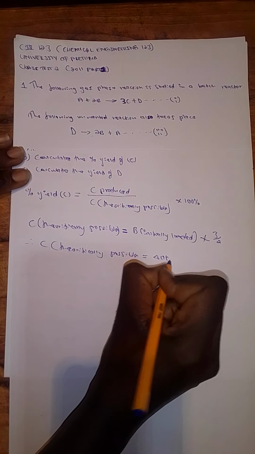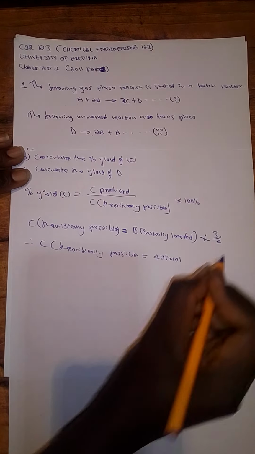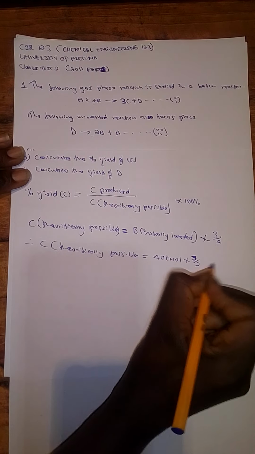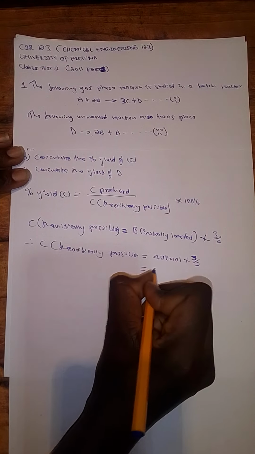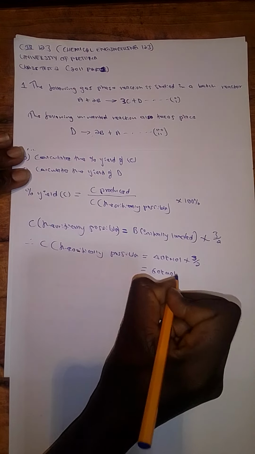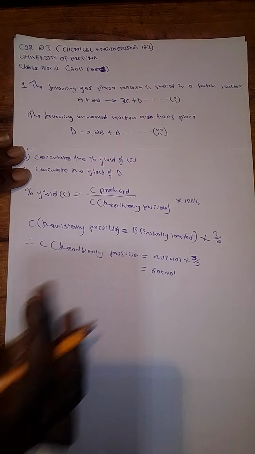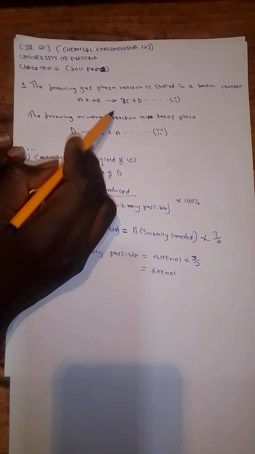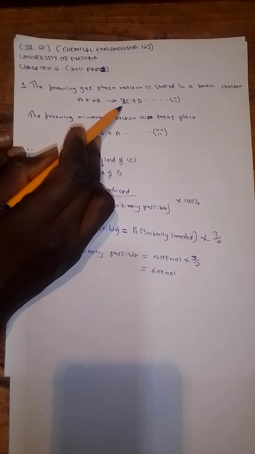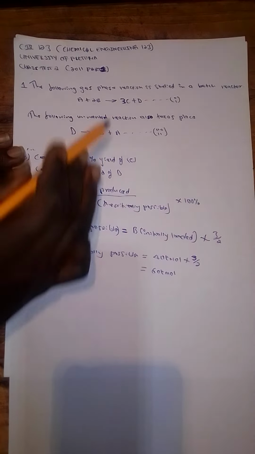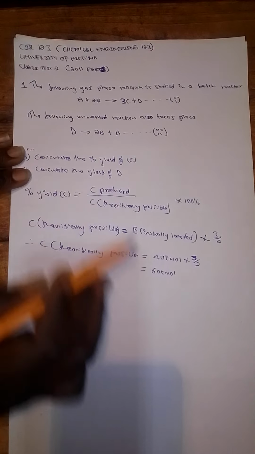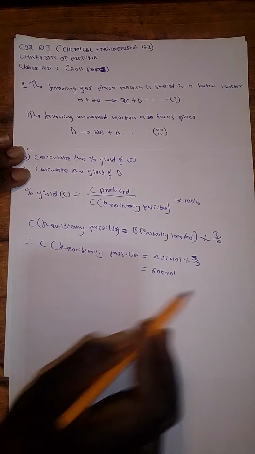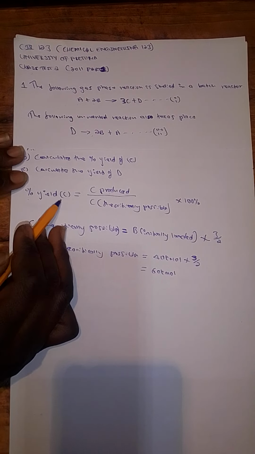We calculated it to be 40 kilomole in the first part, and if you multiply it by 3/2, you can use your calculator, it gives you 60 kilomole of C. So that means the maximum amount of C that you can produce from this reaction is 60 kilomole, right? Now that we have this information, we can calculate the percentage yield of C.